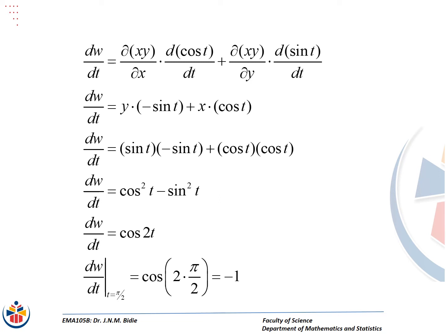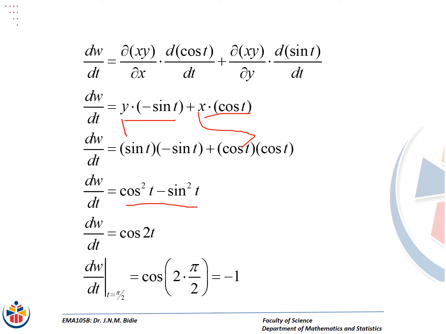But now note that immediately you get that answer, you have to remember we were given the formula for y and the formula for x. So substitute. Y is sine t. X is cos t. Substitute it in, multiply, and simplify.